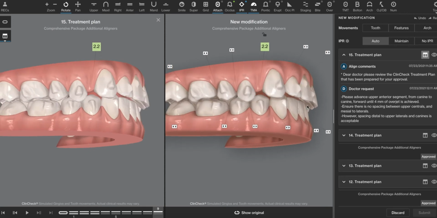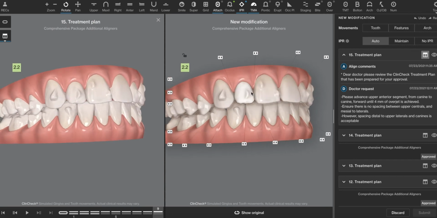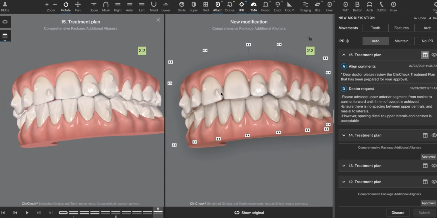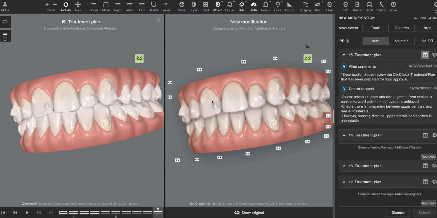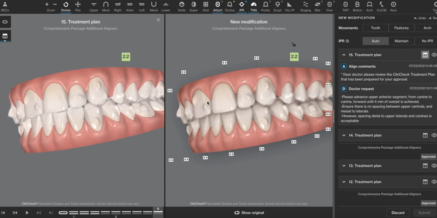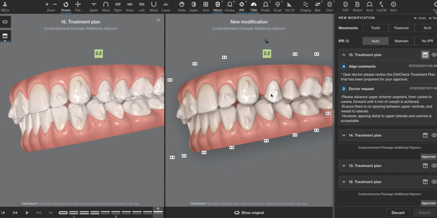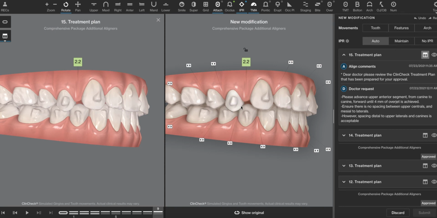So I would program 2 millimeters of overjet, have there be 0.5 millimeters split around the lateral, I would have them close this space and then leave the resulting room here on the distal of number 6.